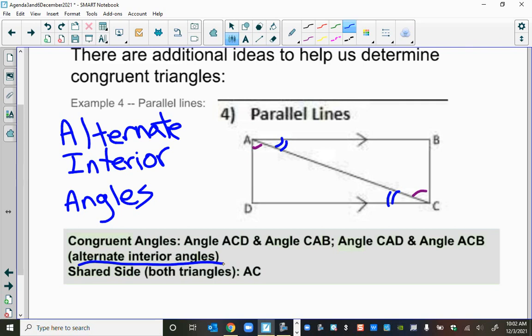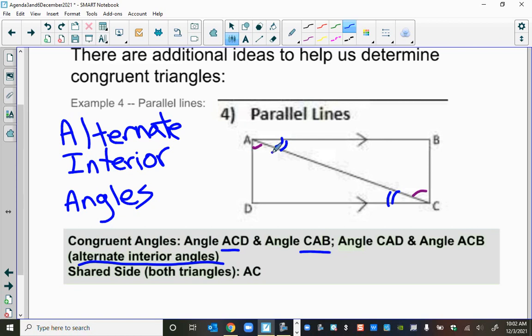Now, here is where we're going to have to deal with more of those three-letter angles. Because remember, the three letters tell us our starting and ending point. ACD, CAB. They tell us where to start.